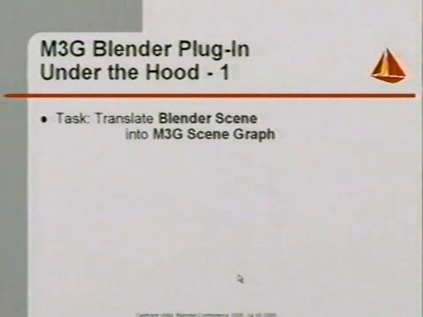You have one scene graph, and you have to translate this scene graph into another scene graph. And like always in translation, something will be lost or something will be misinterpreted. So I think it's a good picture for this task.